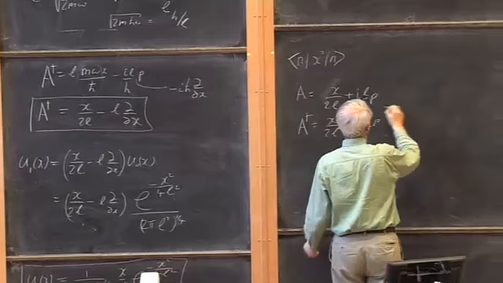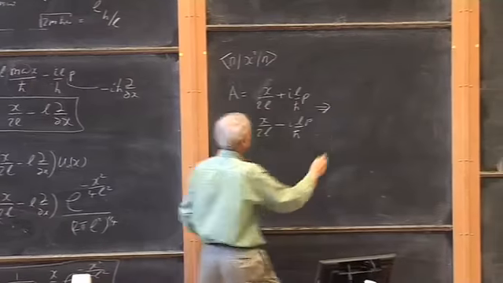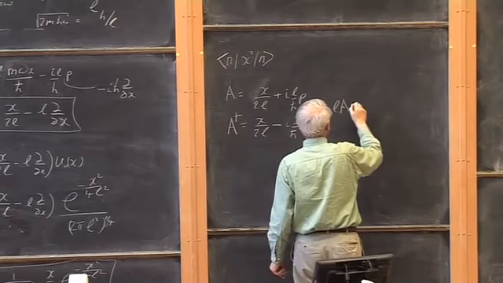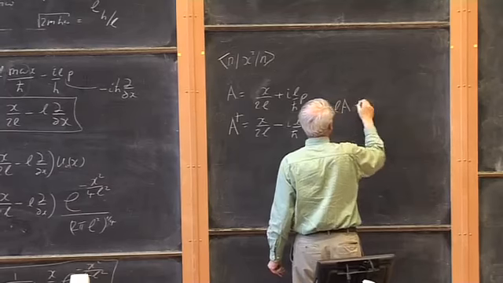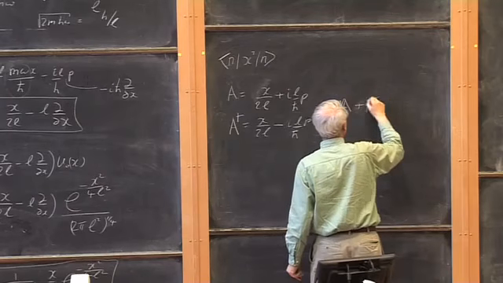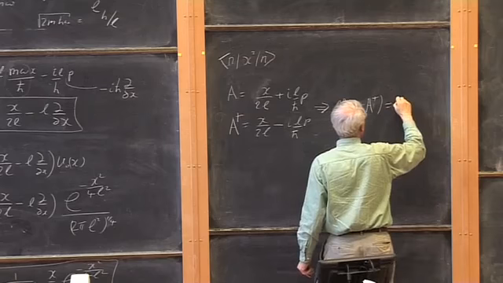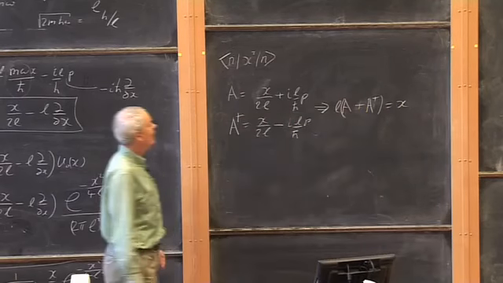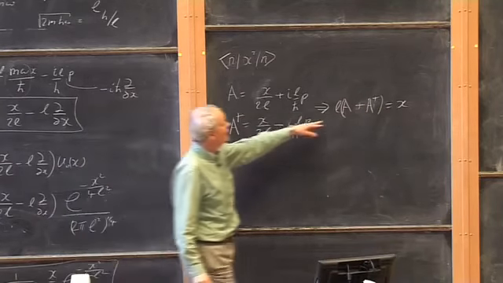So if you add these two equations, you discover that A plus A dagger is equal to x.